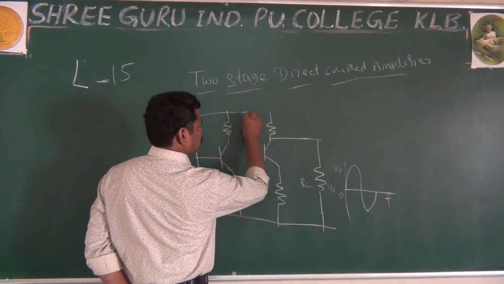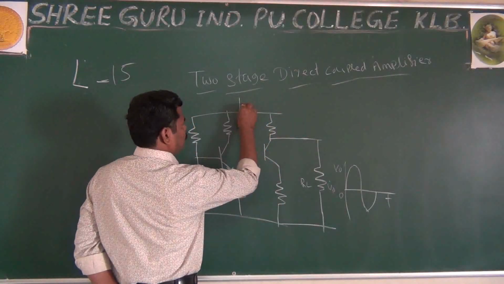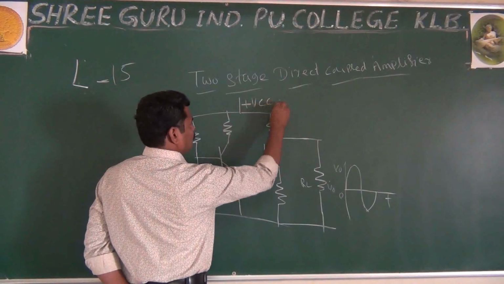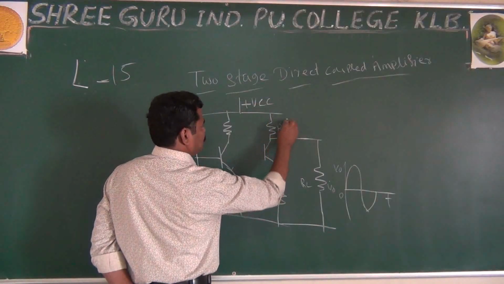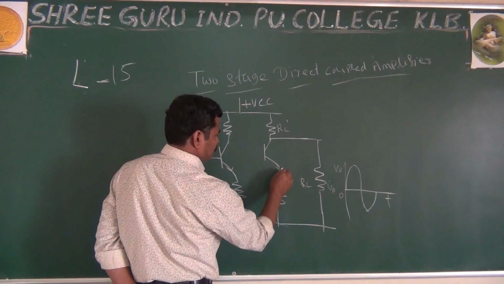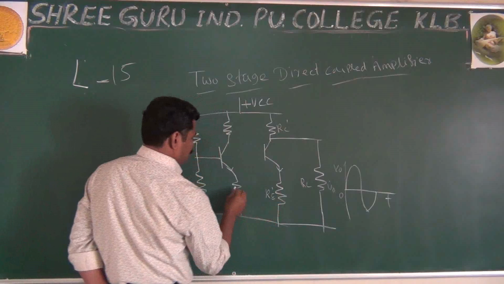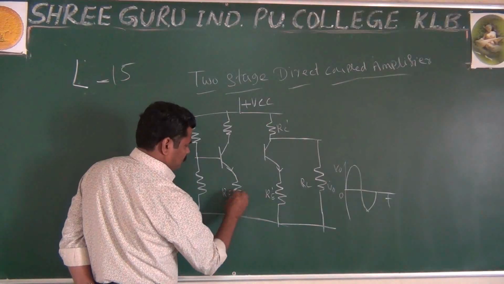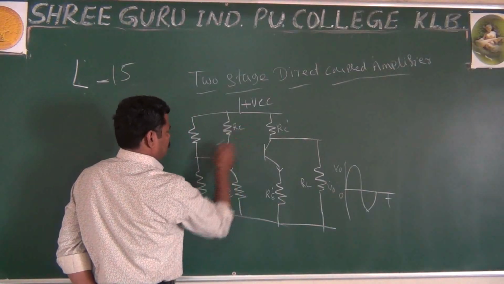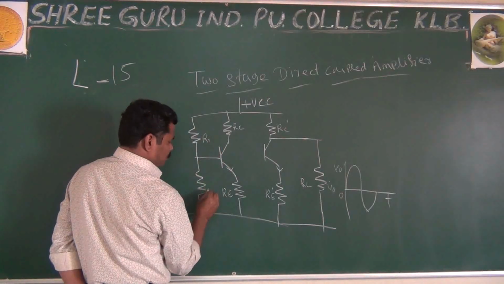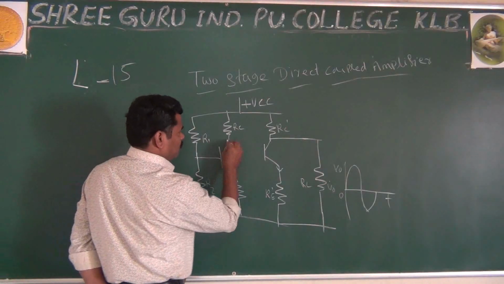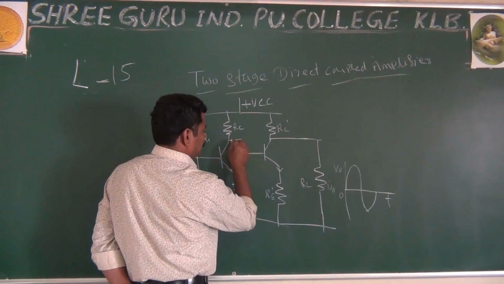And here you are using the common VCC. It may be your RC dash and RE dash, which is the second stage's RC and RE. This is your RC, this is your R1, this is your R2, and here you can connect directly.